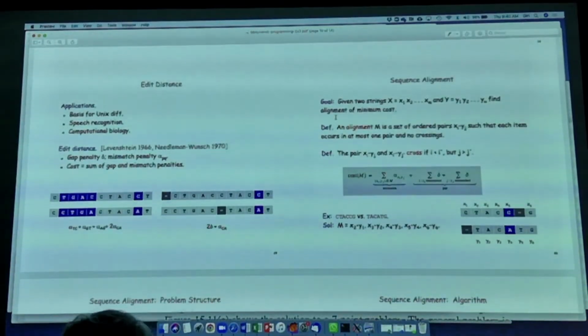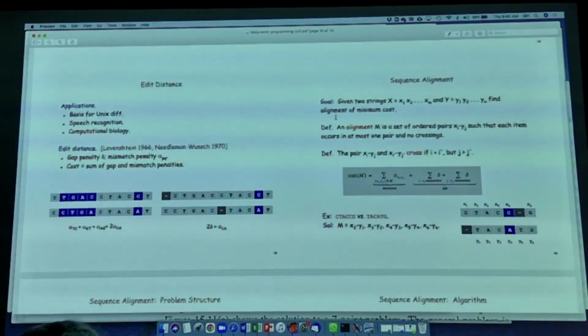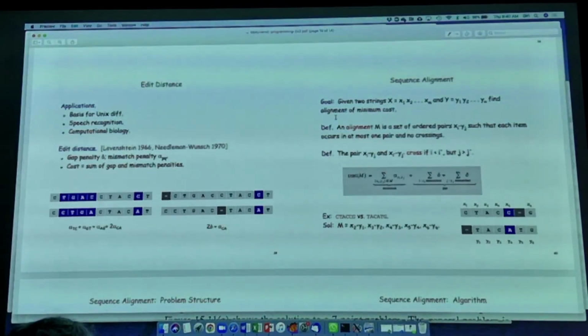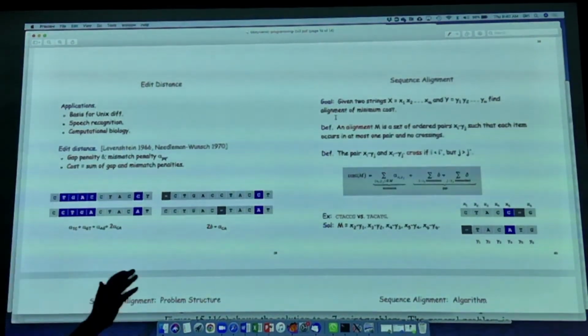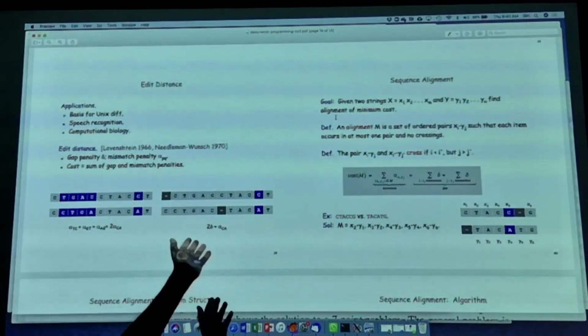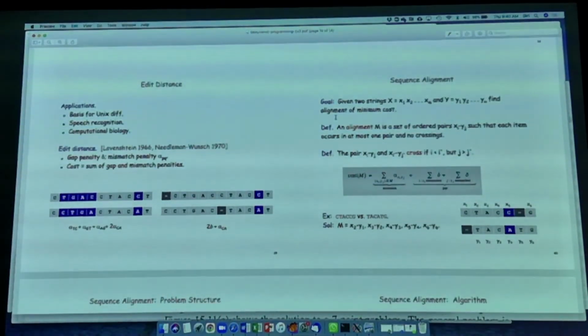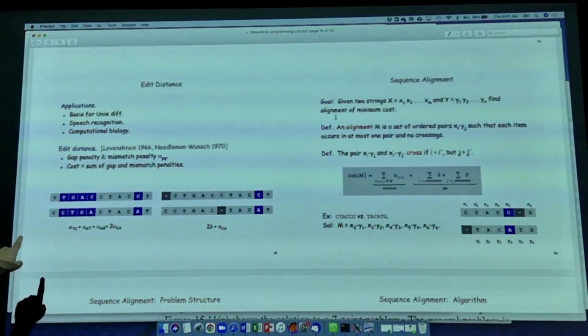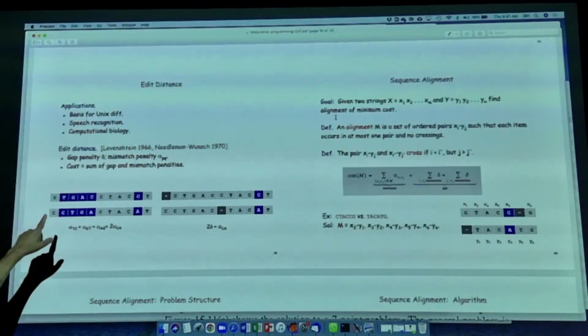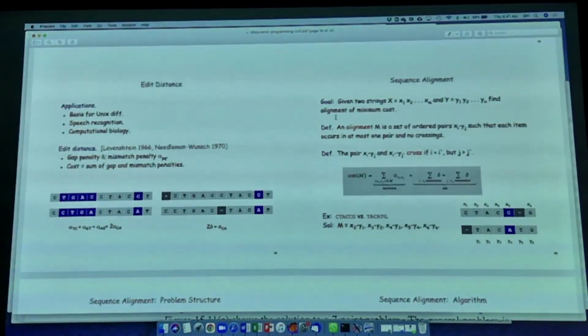And then there are problems in speech recognition and computational biology where this is standard stuff. In computational biology you have DNA sequences and you want to know how different they are. In each of those problems, the way you set up the gap penalty and the mismatch penalty are very different.